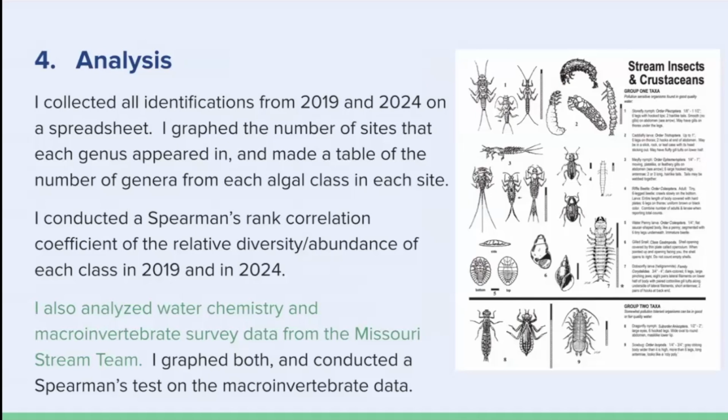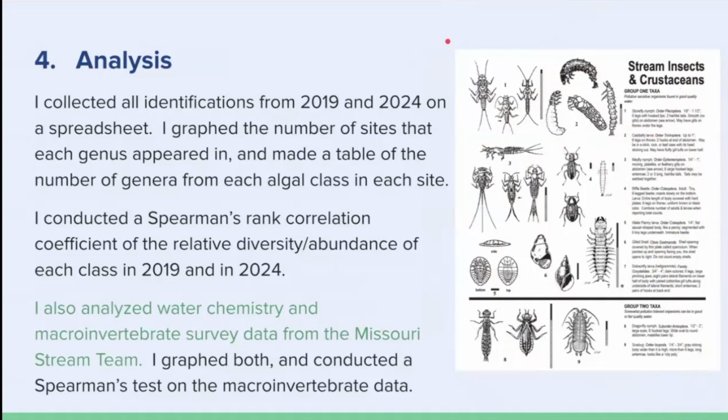And then also, very importantly, I mentioned this earlier, I also analyzed Stream Team data of water quality testing and macroinvertebrate surveys, both of which are independent techniques for surveying water quality. So you can see here one of the sheets for the different macroinvertebrates that we look at in Stream Team.